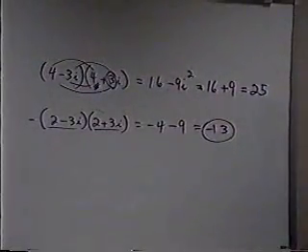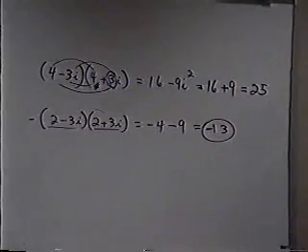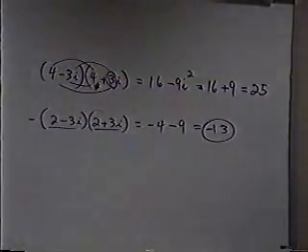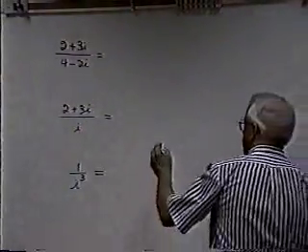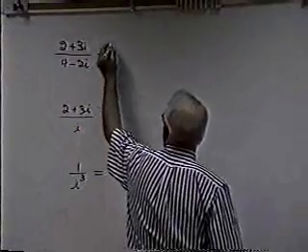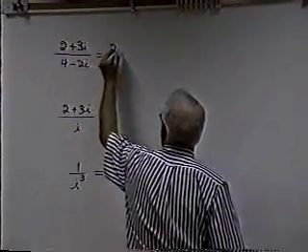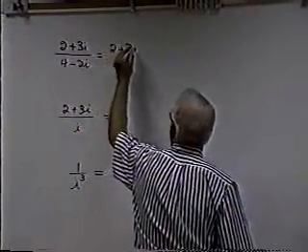All right, now let's look at division of complex numbers. We're going to do division of complex numbers. Now, it's a very simple concept. It's a lot of work. What we'll do is this.